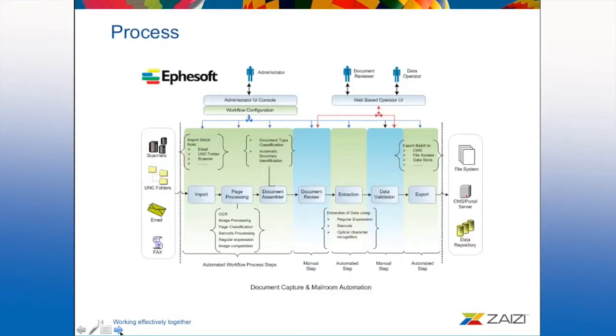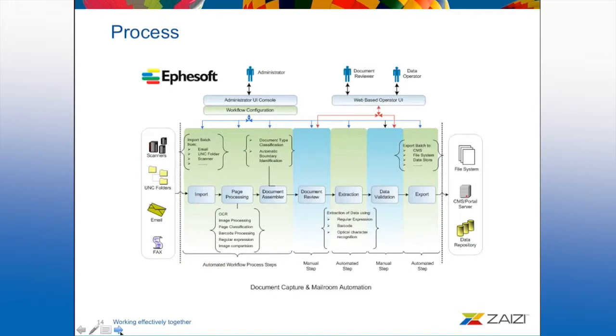What we're looking to do is really take out the manual process here. Your electrical will show you very soon the process manually providing that mailroom functionality, and then what Ephesoft is adding on top. As you can see from this diagram, there's very little manual user intervention. We're trying to automate the process as much as possible.